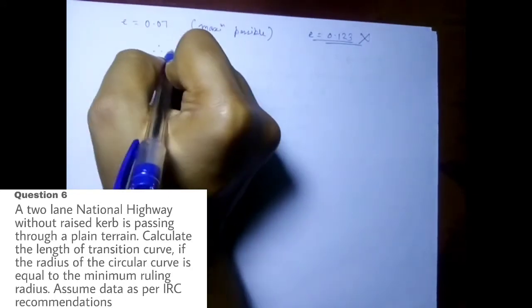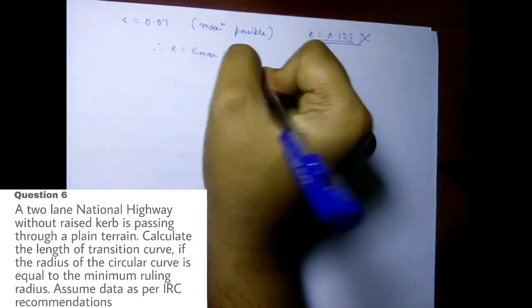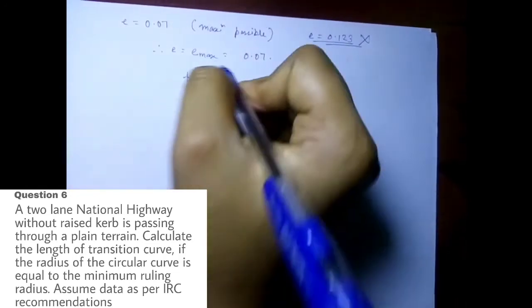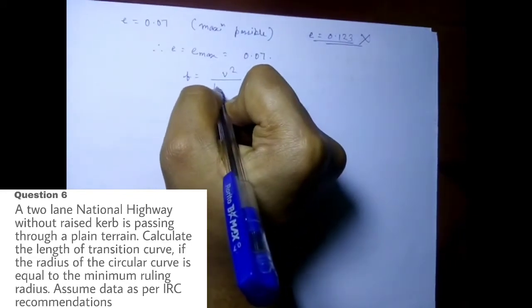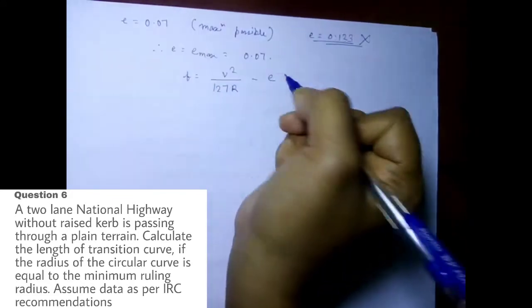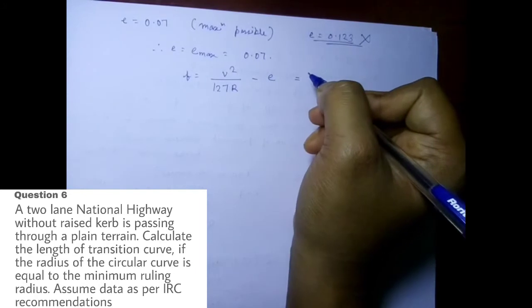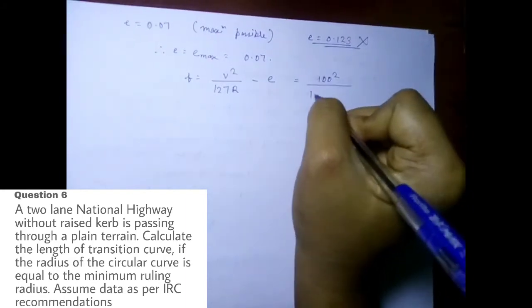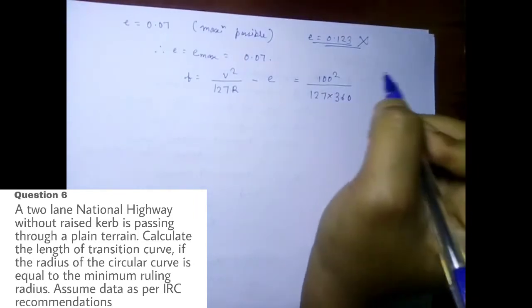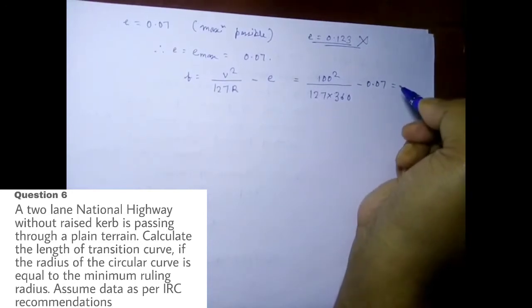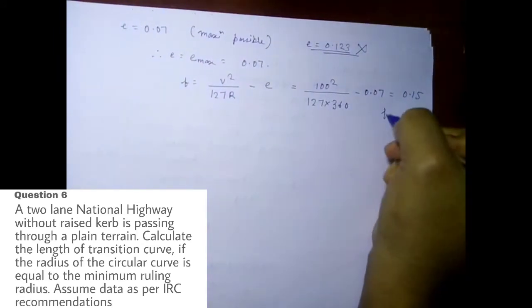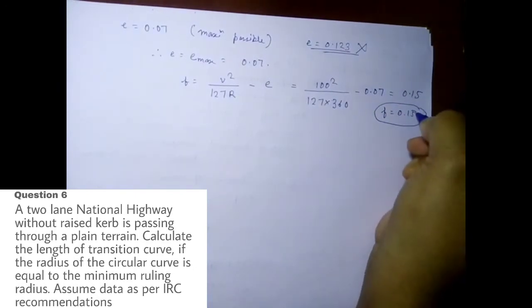Thus we take E is equal to E max, that is equal to 0.07, and hence we will calculate the value of friction, that is F is equal to V square upon 127 times R minus E. So this is the second step for the design of super elevation, as you know, and thus we will get 100 square upon 127 times 360 minus 0.07 that will equate to 0.15, and thus you see that F is the maximum possible value, that is 0.15.